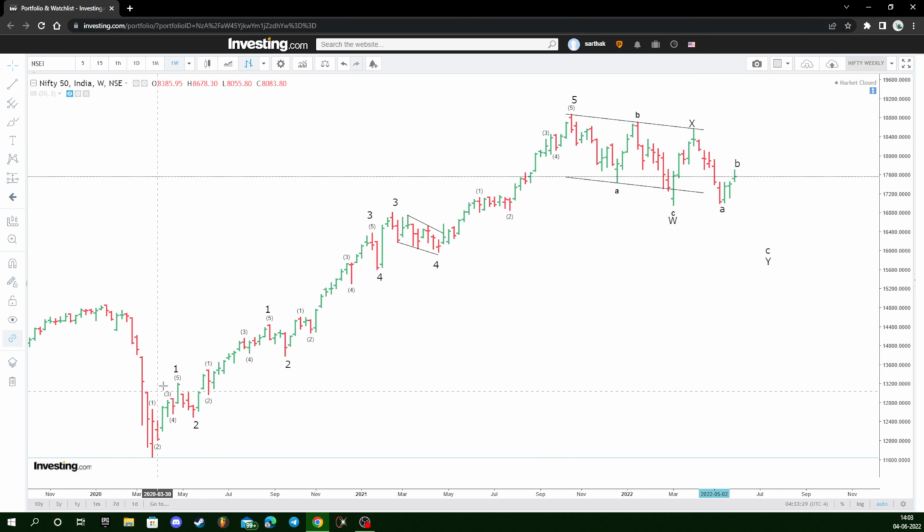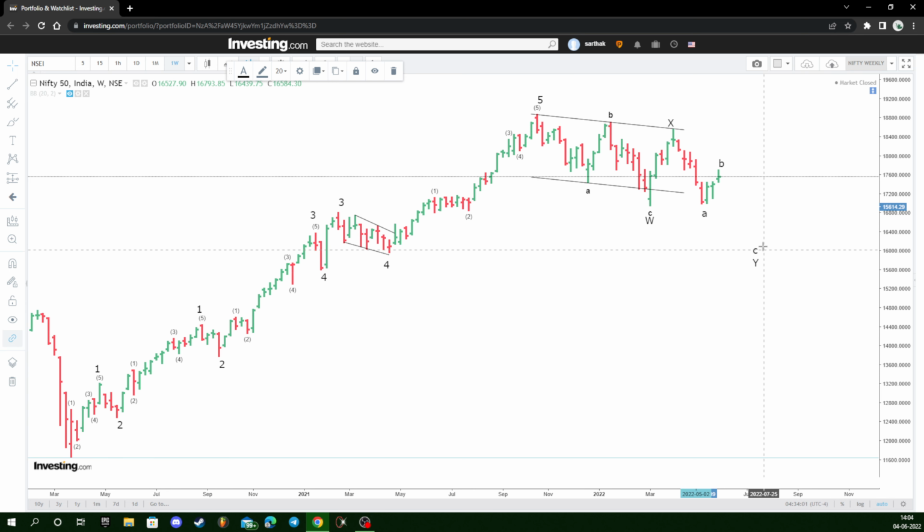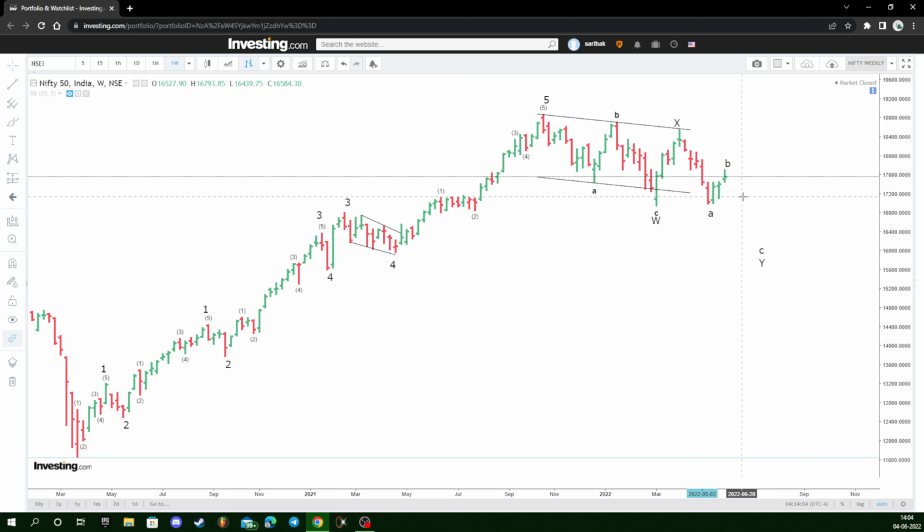So the advance, the uptrend, is completed, and we are in the correction. If we take this as a W wave and this as an X wave, then within the Y wave I can label the subdivisions as an A wave and this as a B wave, expecting the markets to go lower, say towards the 15,000 range and lower, towards wave C, and that would complete the Elliott wave correction.